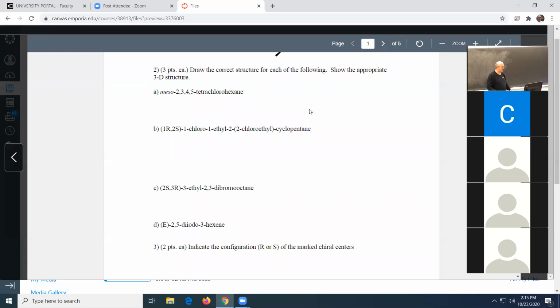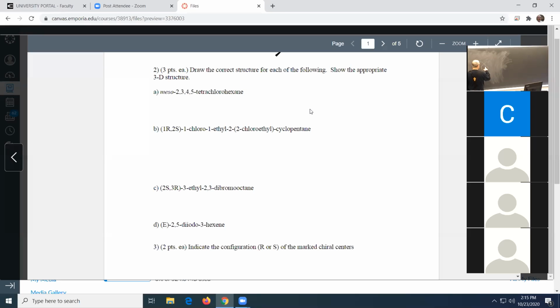Okay, 1-chloro-1-ethyl-2-chloroethylcyclopentane. All right, here's cyclopentane. 1-chloro, 1-ethyl, and 2-chloroethyl.